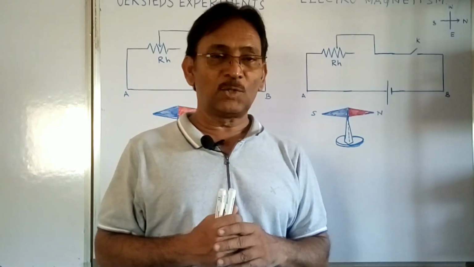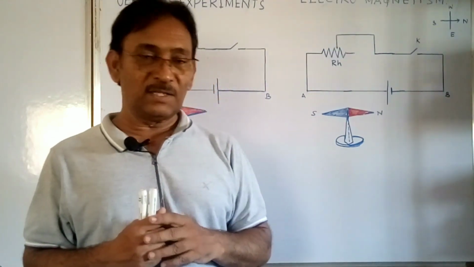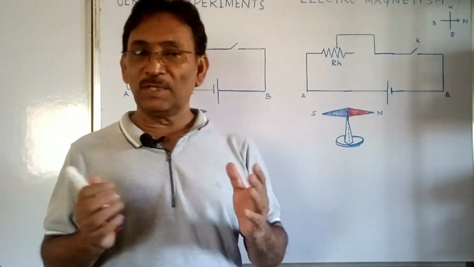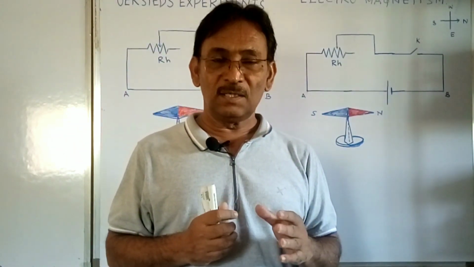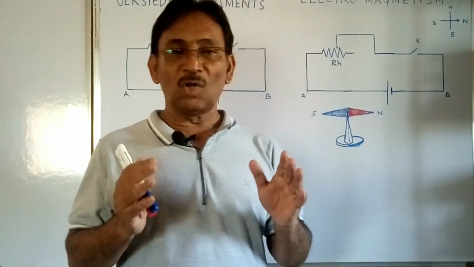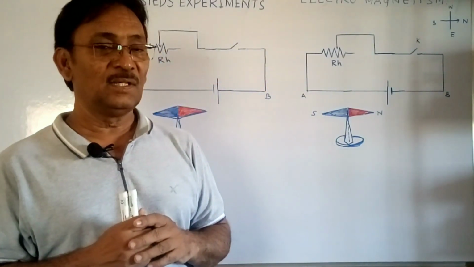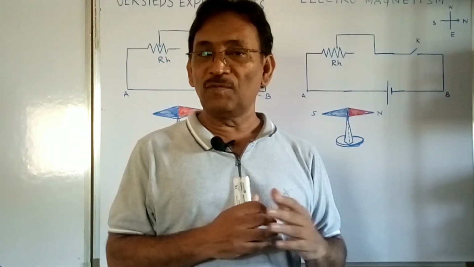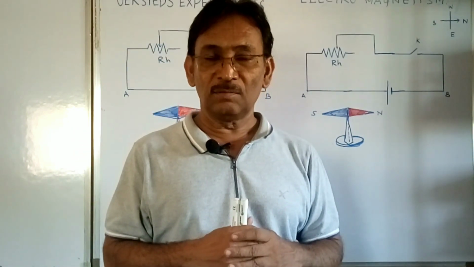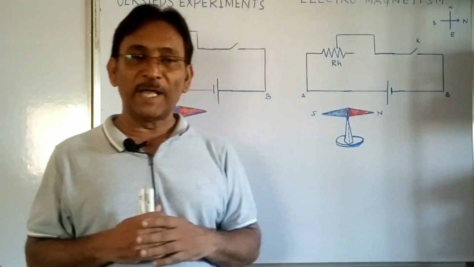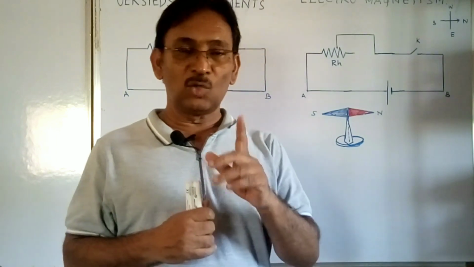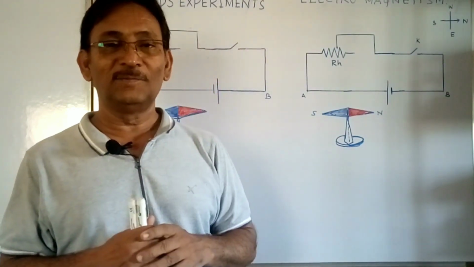Static electricity explains the charges which are at rest, and the fields due to those charges, and you know that charges always lie over the surfaces. Current electricity explains the flow of charges in a particular direction. Even though they are flowing in a particular direction, electric current is not a vector quantity. Do remember that.